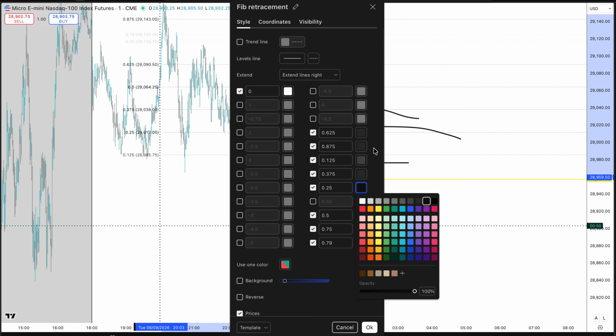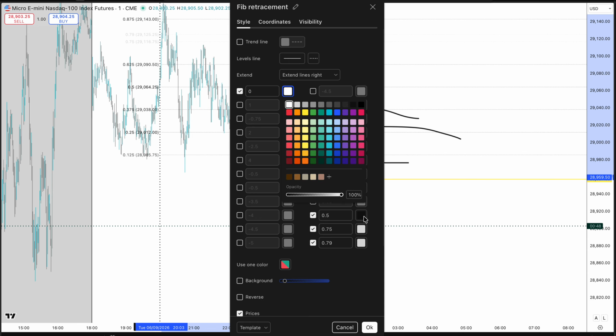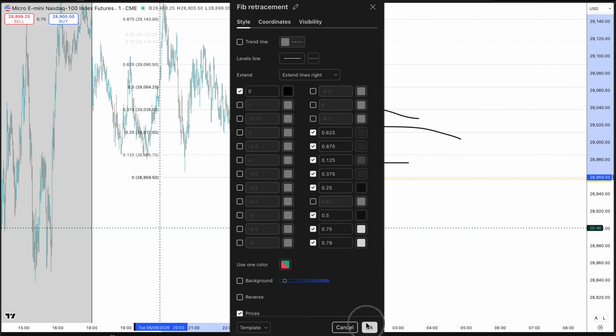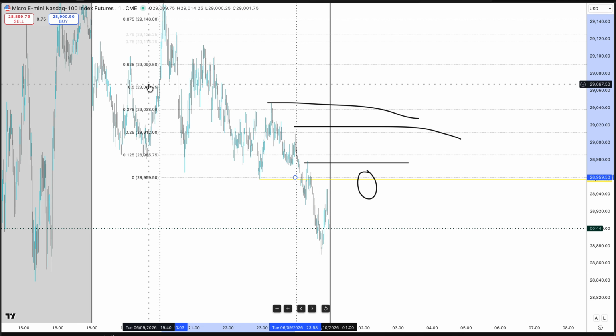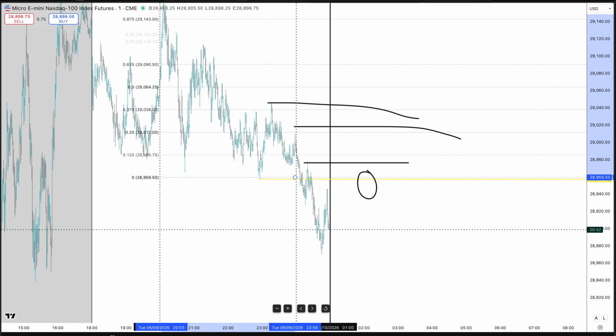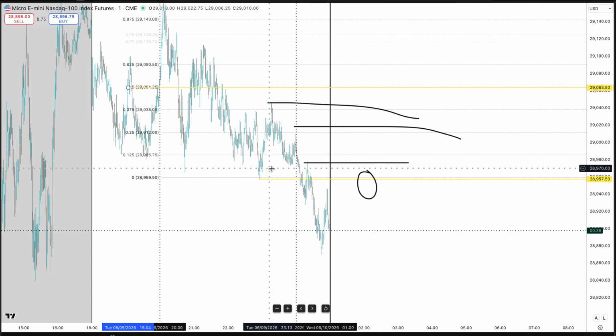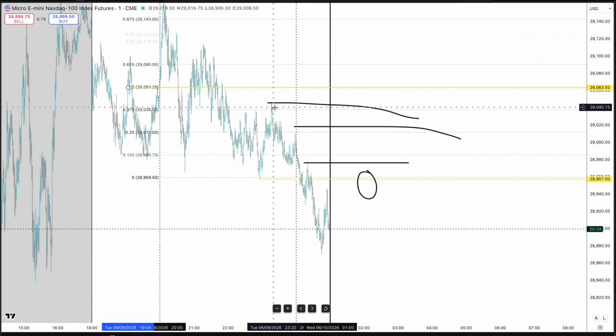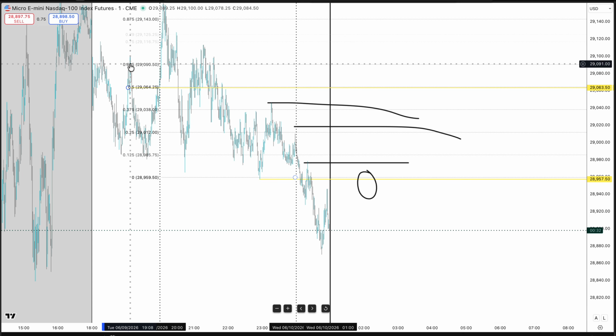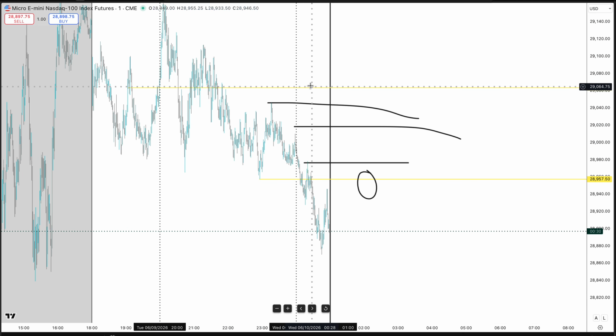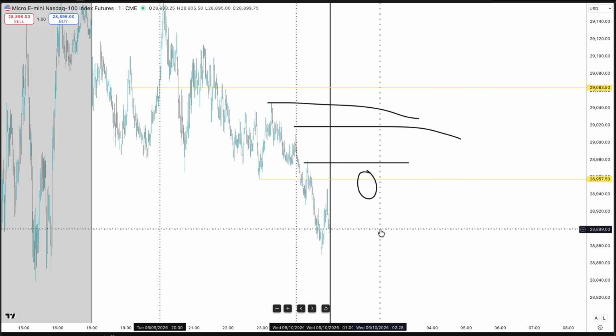Interesting. So here's 50%, right? Take a little line and say, look, between this particular range, I can expect price to come up to this line at some point before it reverses back down.